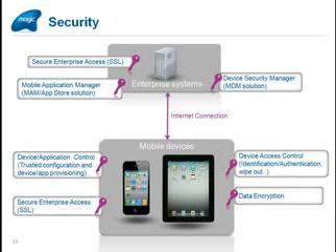Security is also an important aspect and has different layers. First, at the device level, by providing secure communication between mobile devices and the enterprise systems. Then enterprise data protection, identification, authentication, access right management, policy management.